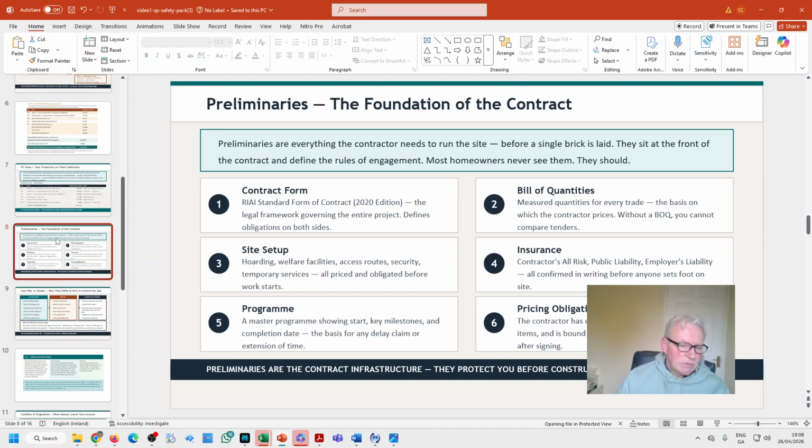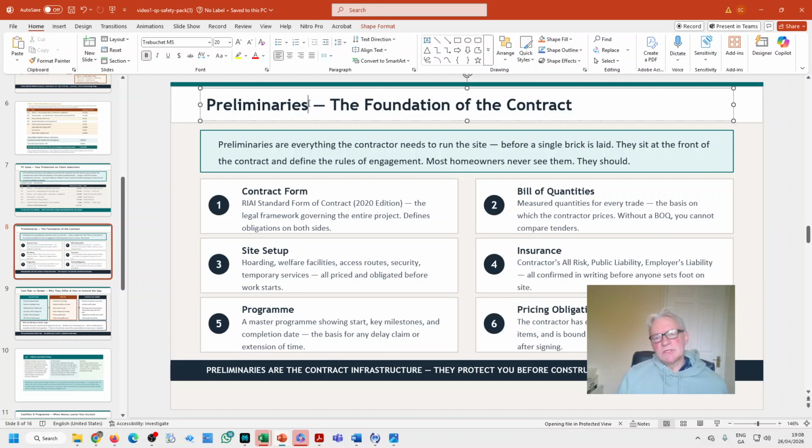Okay, preliminaries. Preliminaries are all items that are going to have a cost associated with them, but not directly related to an element of construction.